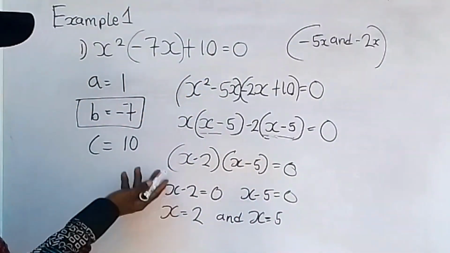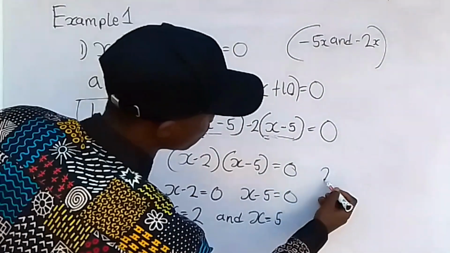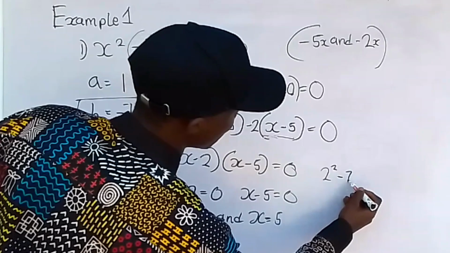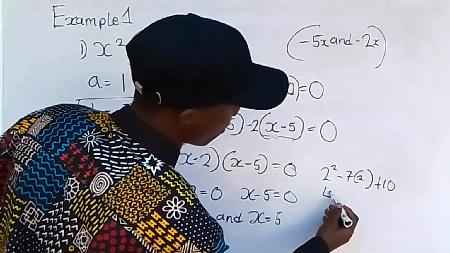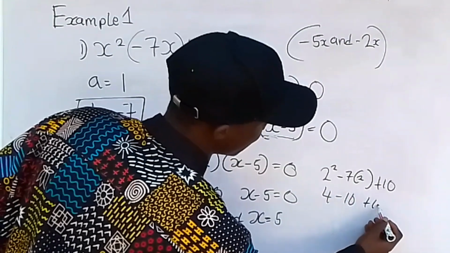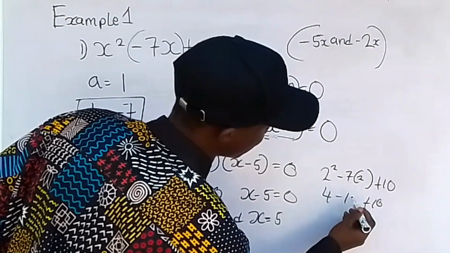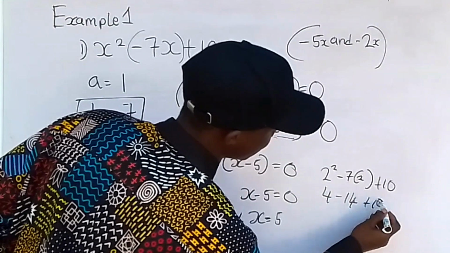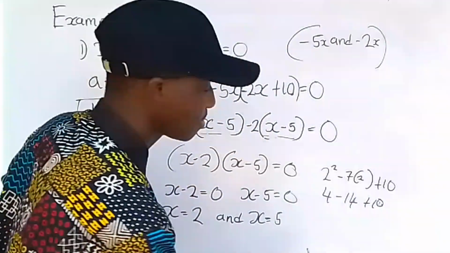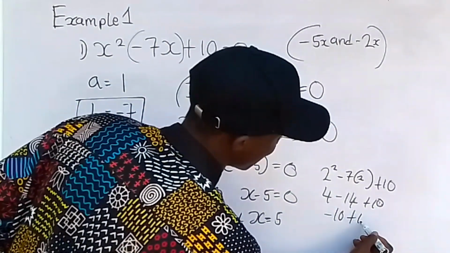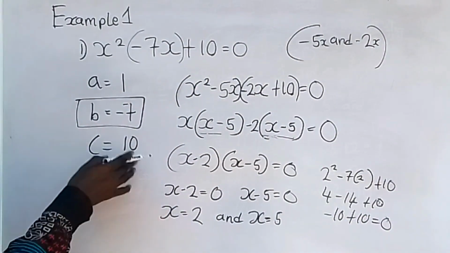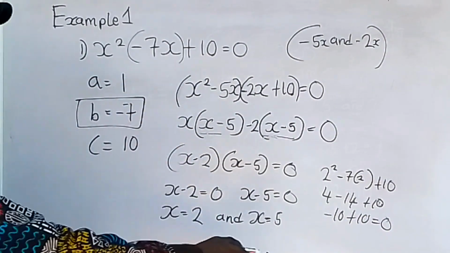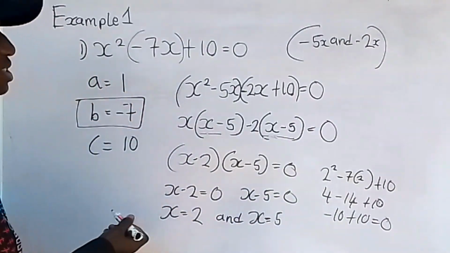So I'm going to have 2 squared minus 7 into bracket 2 plus 10. 4 minus 14 plus 10. So 4 minus 14, that is minus 10. Minus 10 plus 10 equals to 0. So when I substitute x equals to 2 into this quadratic equation, I got 0. Therefore, 2 satisfies this equation.